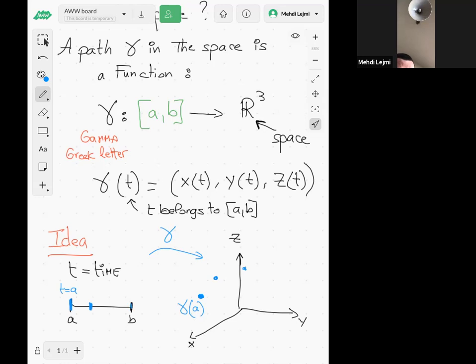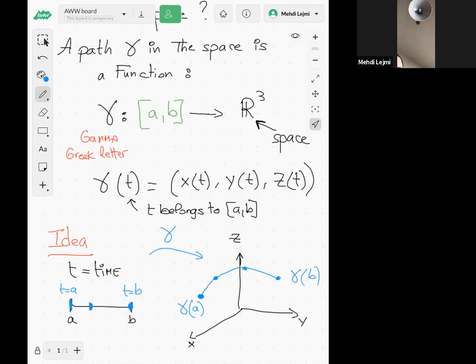And then the last point in the interval is b, t equal to b. The image of b by the function gamma is going to be some point here, this is gamma of b. So we have a bunch of points, and if you connect all these points, you get your path or curve in the space.